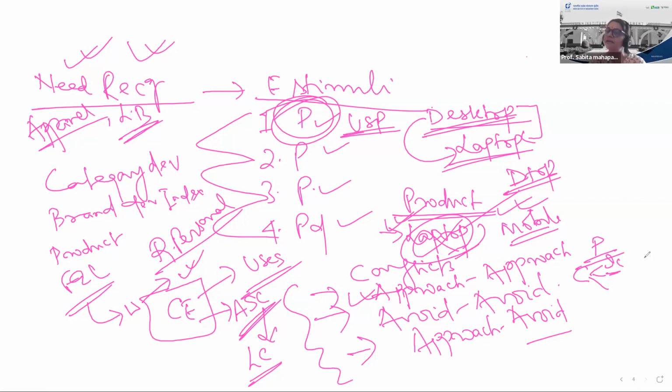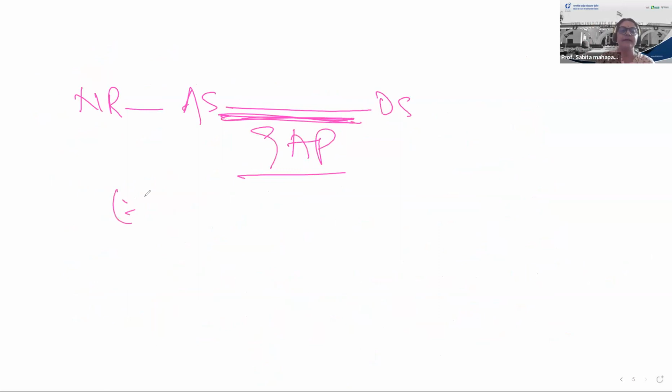So what did we discuss? We discussed the first stage is need recognition. Need recognition can be made very obvious by bringing a huge gap between the actual and the desired state. So in need recognition, we talked about making a gap between the actual state and the desired state, make it very obvious, and this you can make through external stimulus.